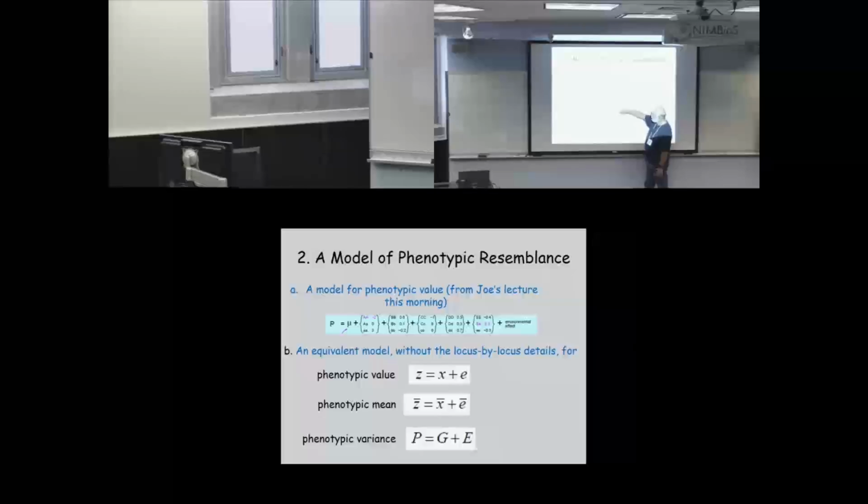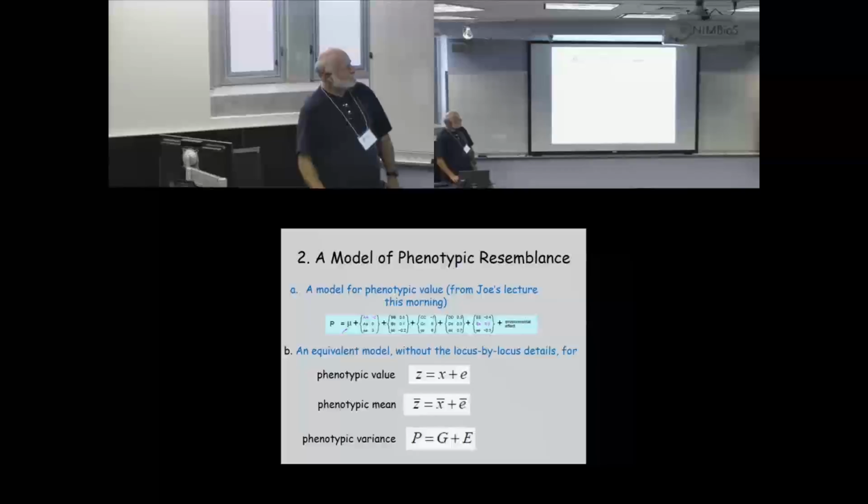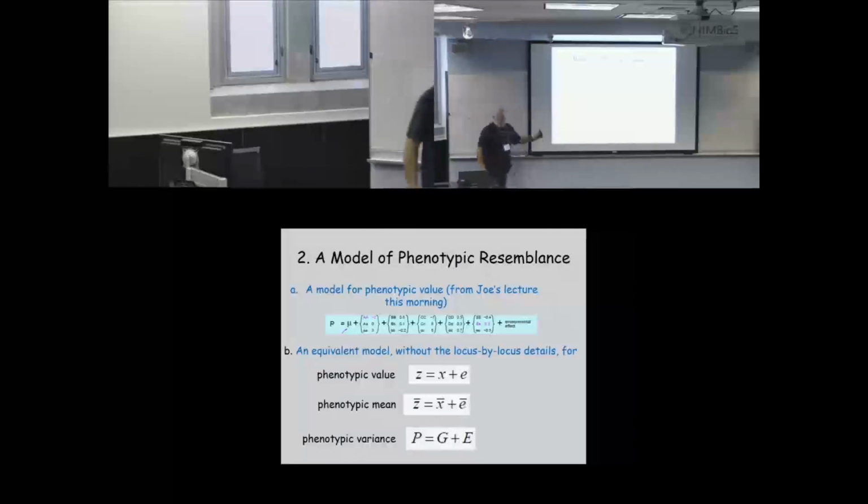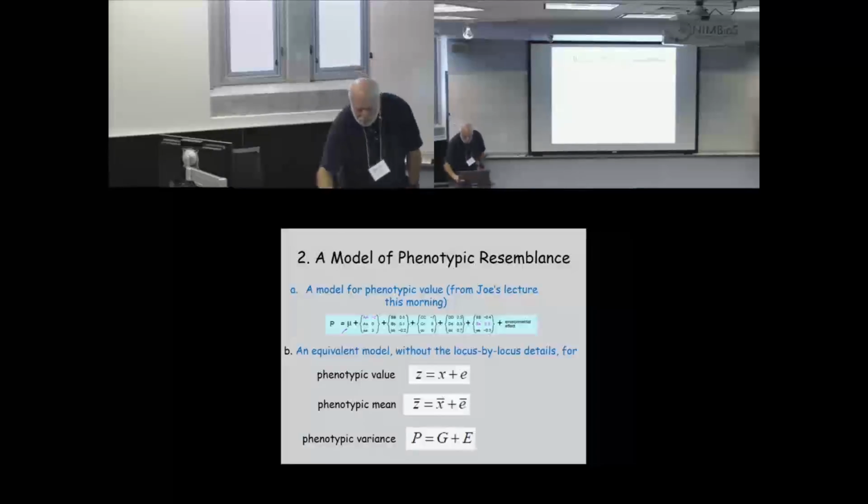We're going to have the variance in breeding values, and we're going to call that G. We called it VA before, and historically that was true. And the variance in environmental effects we're going to call big E. And by the assumption of independence up here, the variance is the sum of these two independent genetic and environmental parts. Okay, so that's going to be our summary model and an introduction to the notation we'll use.